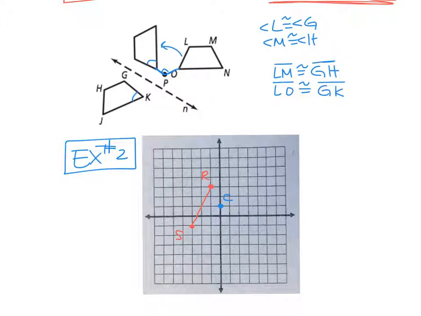And G is going to be at (-2, -2). And then our last segment, we're going to put a point at (1, 1). So that's V. And then at (3, -3) is B.